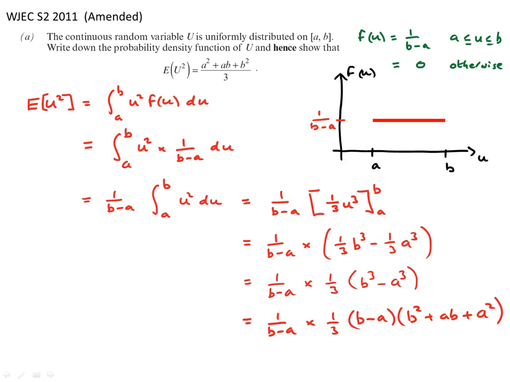Now you'll notice we've got a term which is 1 over b minus a, and later on a term which is b minus a, and they're all being multiplied together, so those two terms will cancel each other out, and we're left with (b squared plus ab plus a squared) all divided by 3. Switch the order around, and we've got exactly what we were being asked to prove.